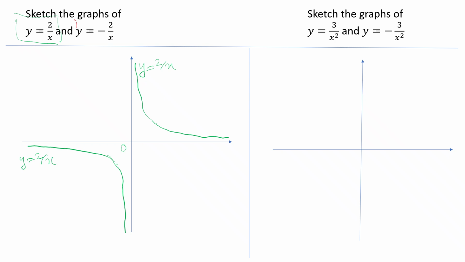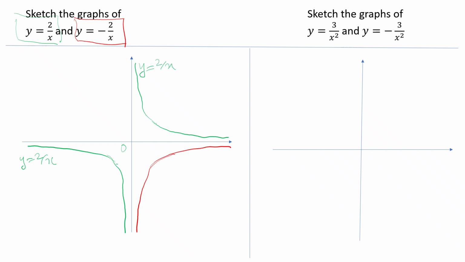Now I'm going to draw the graph y equals negative 2 over x. When x is positive, y is a negative value, so the graph is going to be in the fourth quadrant. When x is negative, y is positive.